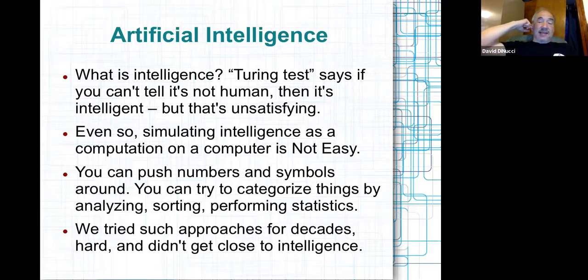Turing came up with this idea that basically just says, if you can't tell it's not a human, then it must be intelligent. The idea being that there's some locked room somewhere and you're communicating with some entity inside the room over some electronic processor, for example, or a terminal, and it's communicating back with you and you cannot tell that it's not a human, then you must admit that it's intelligent.